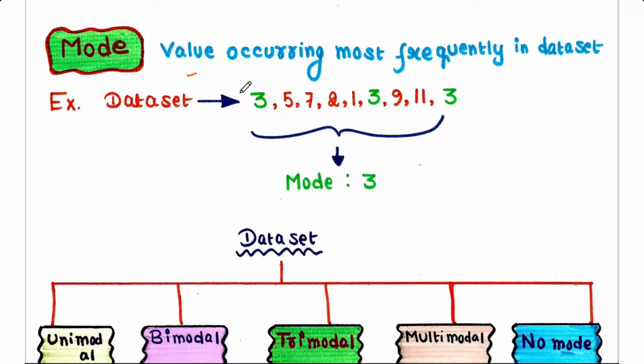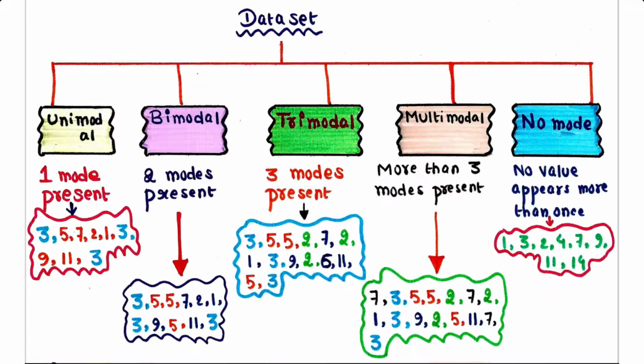Suppose we have this data set. Here the mode is 3, since the number 3 occurs thrice in the data set, which is the highest frequency compared to others.